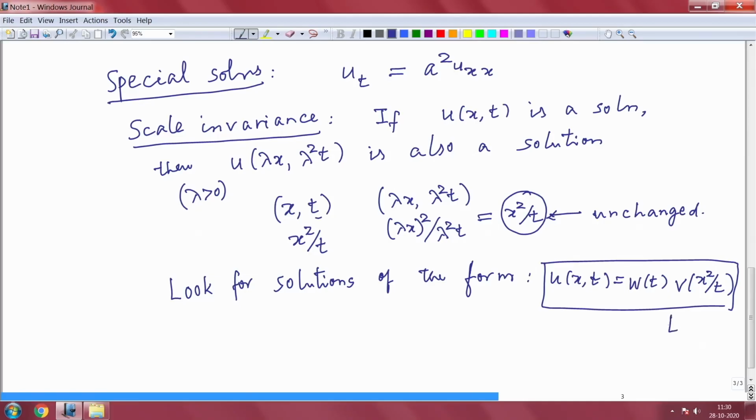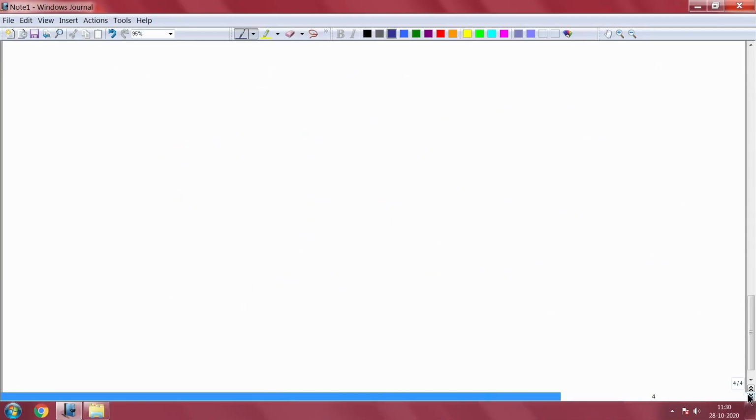Of course, this requires us to deal only with t positive, because we are dividing by t. Now, you just make the necessary differentiations and plug into the heat equation, and so this w and v satisfy.